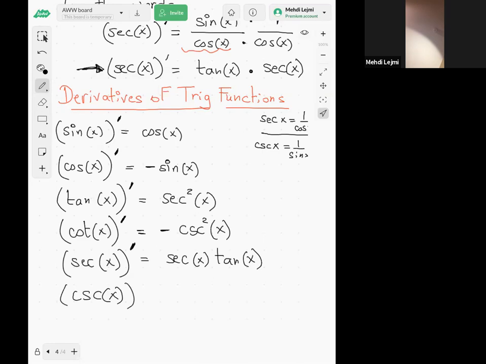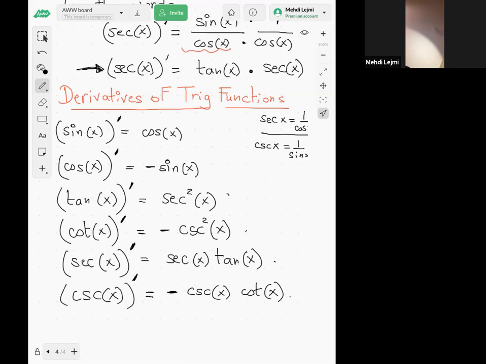Its derivative is minus cosecant of x times cotangent of x. Anyway, we now have all these formulas. You don't need to prove them again. We're just going to use them to compute derivatives.